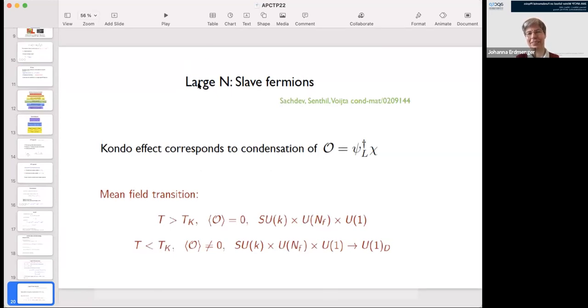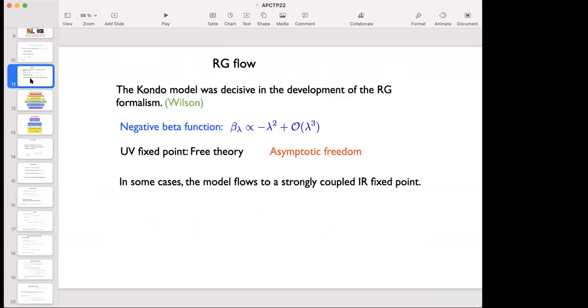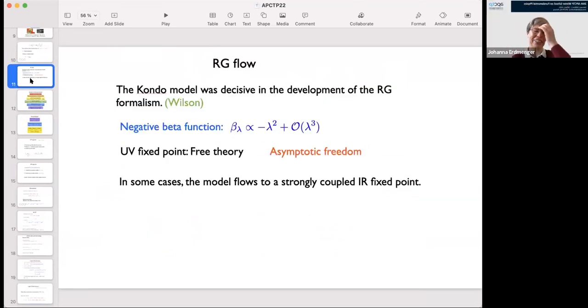This can be made manifest only in the large N limit, and that's due to the fact that it's so low dimensional. Normally you don't have a condensation process in 1+1 dimensions. There's this Mermin-Wagner-Hohenberg theorem, but in the large N limit, this theorem doesn't apply, and then you can write it as a condensate. Excellent question. I will come to this, and it's really important for the holographic model that we have this condensate.